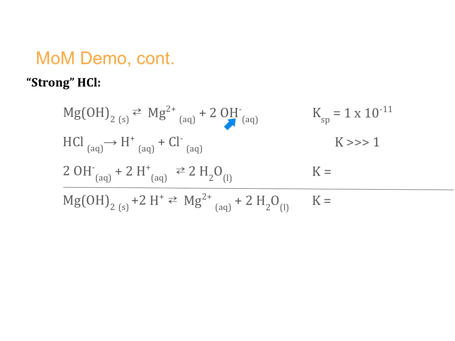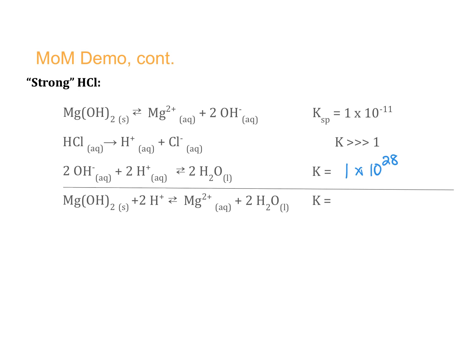The hydroxide comes from magnesium hydroxide, the hydronium comes from the HCl, and as they're available in the water, they will react and become water. And that K value, as we saw in the previous slide, is 1 times 10 to the 28th. So that's a big, big value.